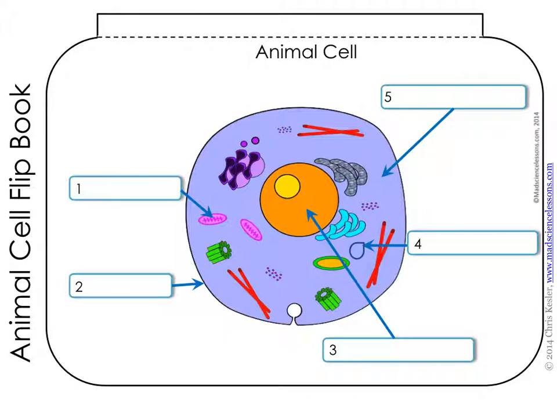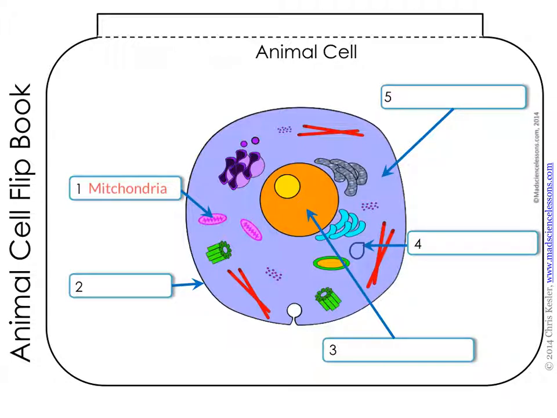Animal cells. Okay, now moving on to an animal cell. You're going to notice some similarities between animal cells and plant cells as far as the organelles that are inside. There are some that are also inside of a plant cell. Starting with number one, mitochondria. Animal cells have the same organelle, mitochondria, as plant cells do.